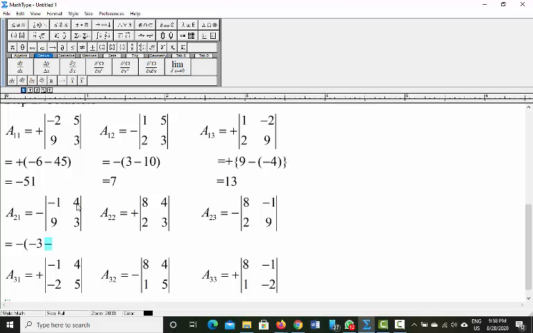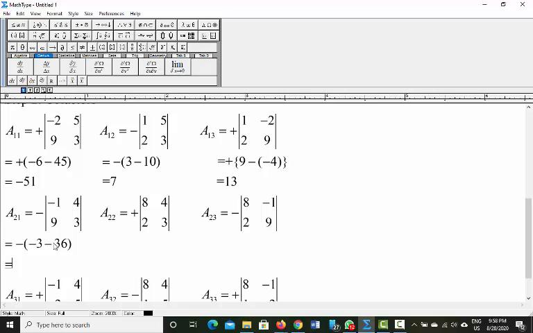Before you multiply the left diagonal element, you need to put a minus. So 4 multiplied by 9, that is 36. So if you calculate, we will get minus 36 minus 3, that is minus 39, and minus 7 is a plus 39.